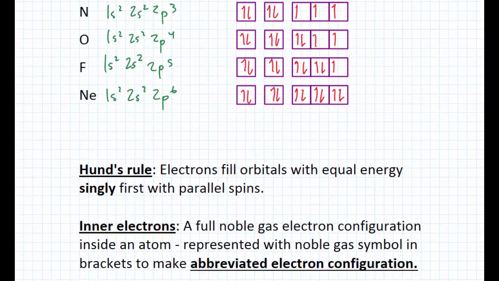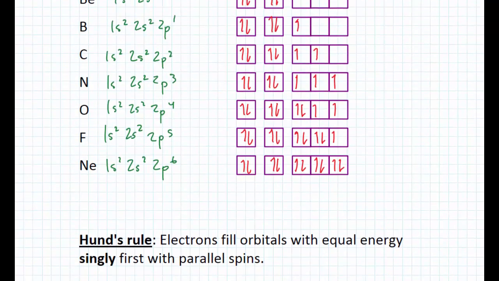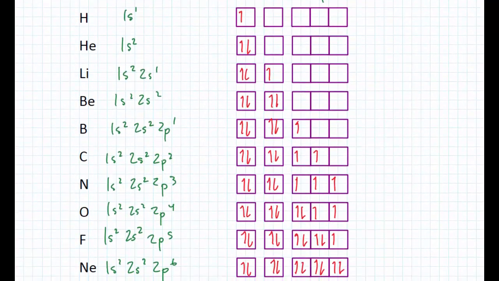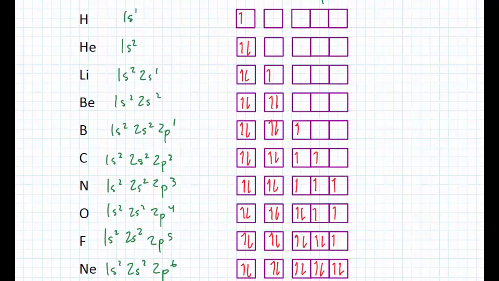The first way that we'll start classifying these electrons now, we can identify inner electrons. Inner electrons are a full noble gas electron configuration that's inside of an atom's electrons. We can abbreviate electron configurations as long as we have a full noble gas worth of electrons. So what are the noble gases on our list here that we've talked about so far?